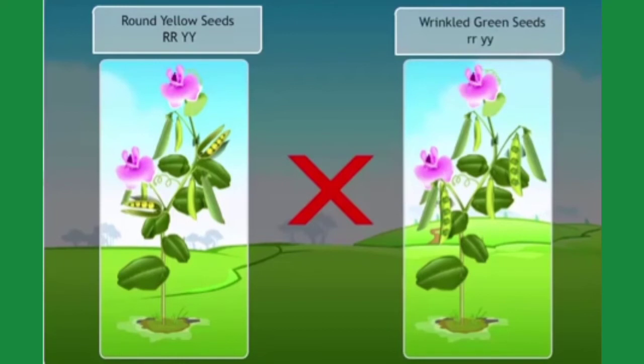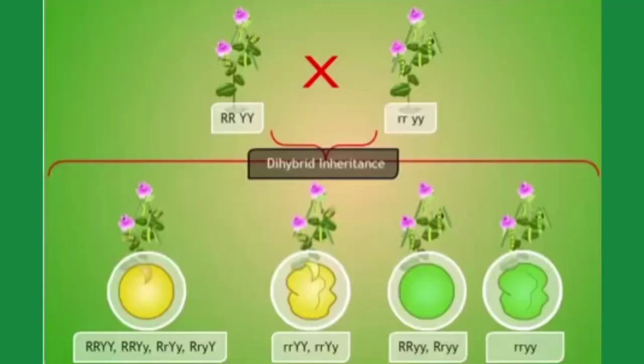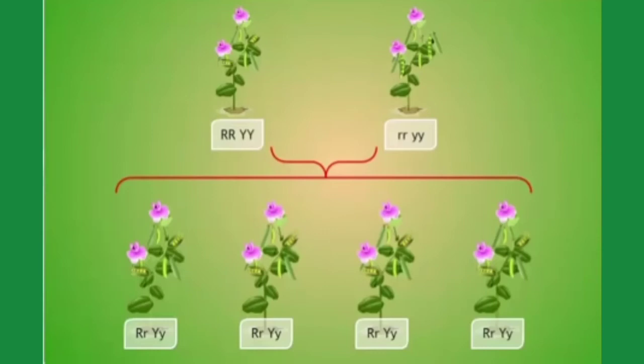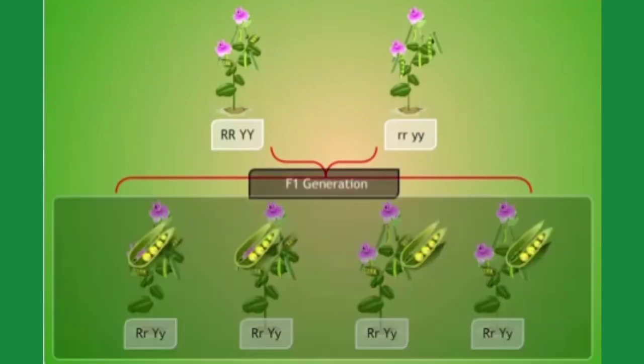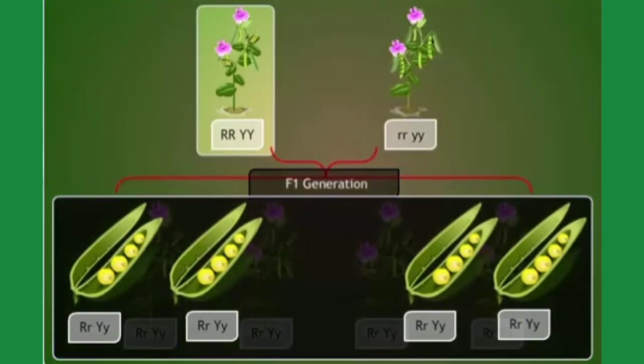The inheritance of two such characters is known as dihybrid inheritance. The entire F1 progeny produces round and yellow seeds, RrYy. In such a case, round and yellow seeds are the dominant traits.